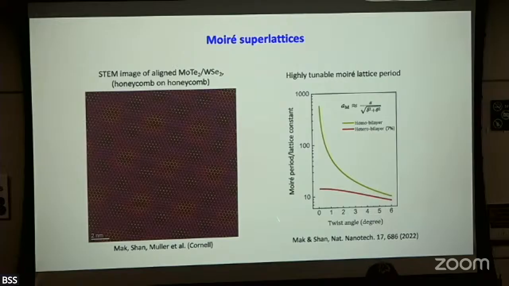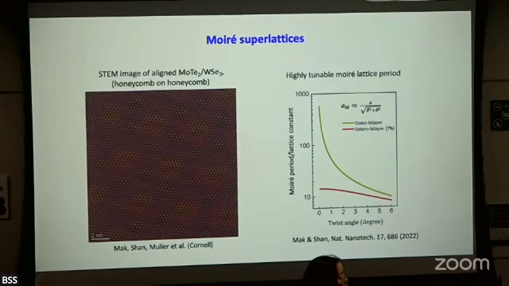So the moiré lattice depends on twist angle, relative to the lattice constant of each lattice. If you use a heterobilayer, two different materials, the moiré lattice constant is determined pretty much by the lattice mismatch, and it has a relatively weak dependence on the twist angle.